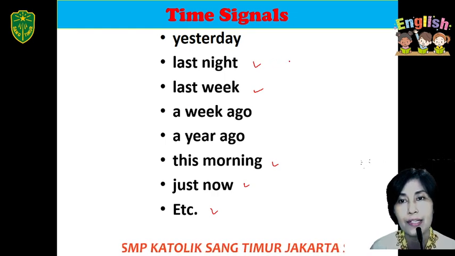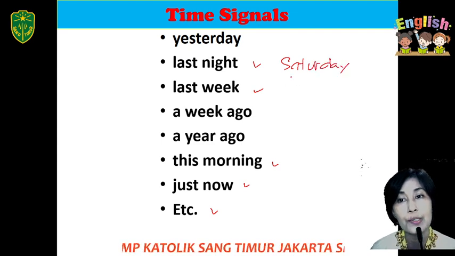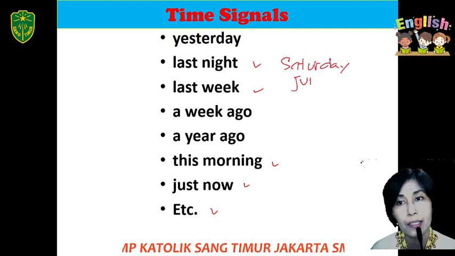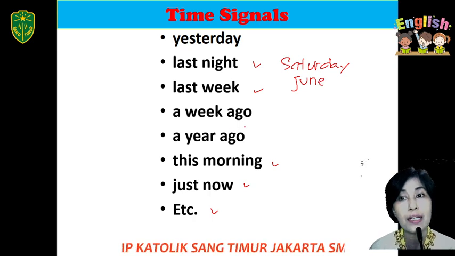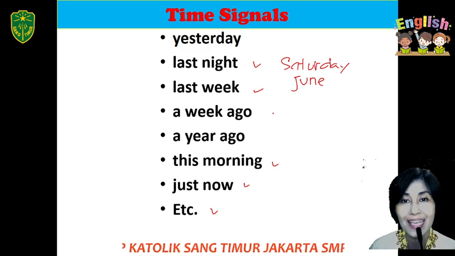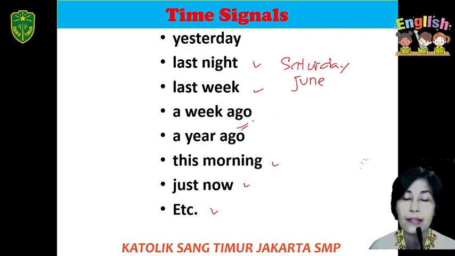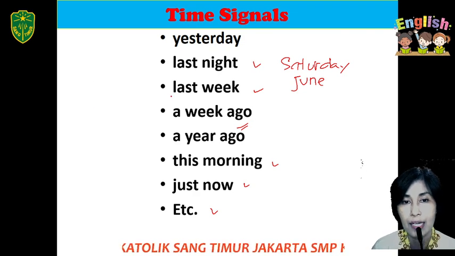Last Saturday, for example. Last June, the name of the month. A week ago, a year ago, 2 days ago. The time that ends in ago or using last.